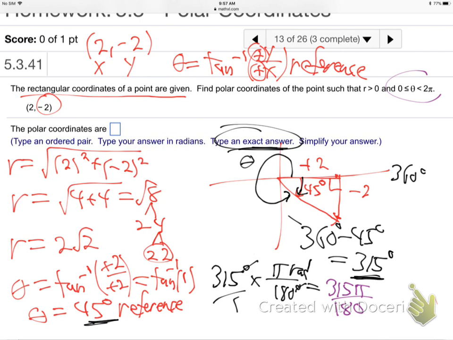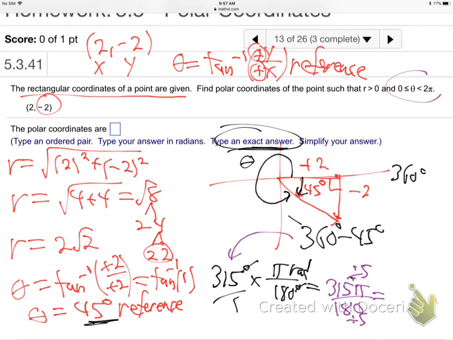That fraction is reducible. So now divide top and bottom by what, 5? I don't know, it's getting messy. What's 315 divided by 5? My calculator's here.